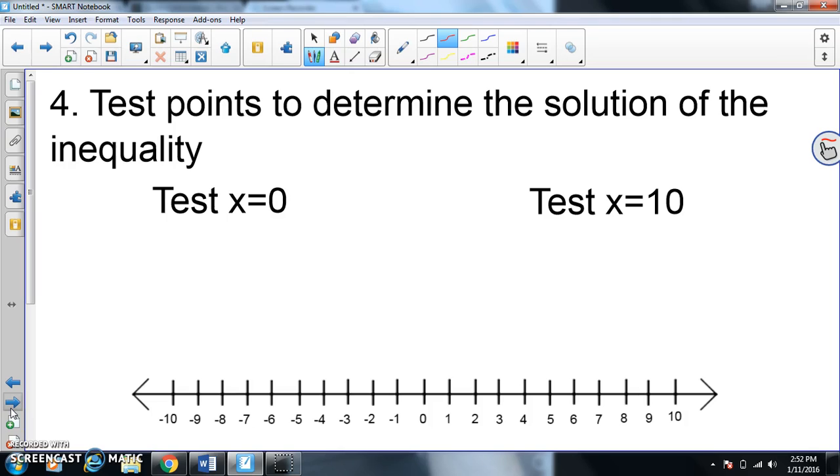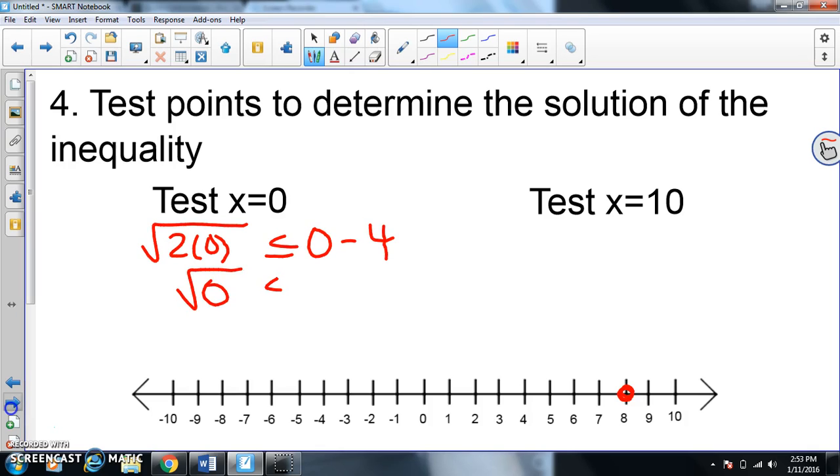To then determine where the solution of the inequality is, we need to test points on either side of x is equal to 8. So I'm picking 0 and I am picking 10 to plug into my original inequality. So the square root of 2 times 0 is less than or equal to 0 minus 4. Is the square root of 0 less than or equal to negative 4? Is 0 less than or equal to negative 4?